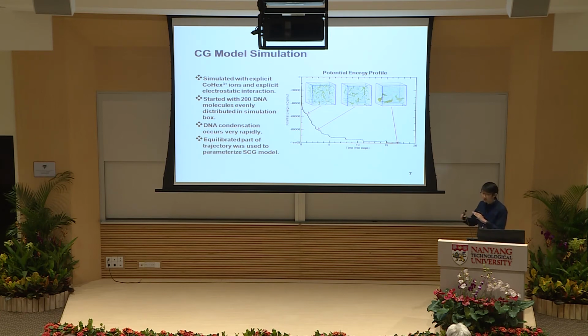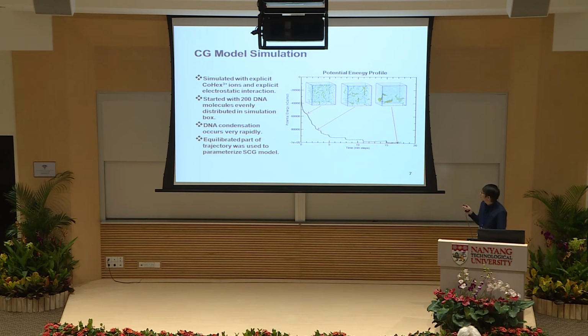We put them randomly at the beginning, and then we add a suitable amount of cobalt hexamine, our condensing agent, and other physiological condition ions. Then we started this simulation with Langevin dynamics.